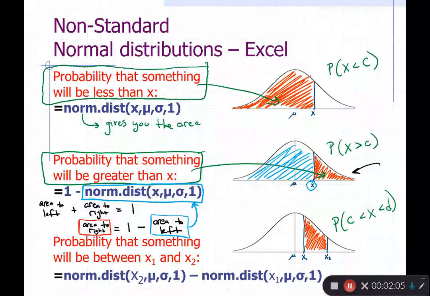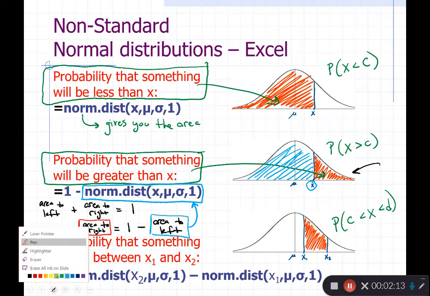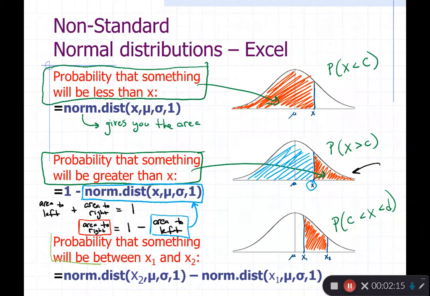And in the third case, if we want the probability that something will be between x1 and x2, which will be this area here, well, again, Excel can't start in the middle. Excel can't start with x1 and go up to x2.